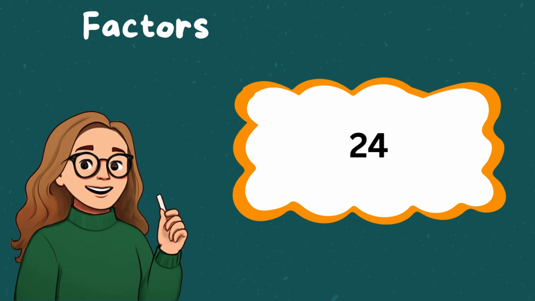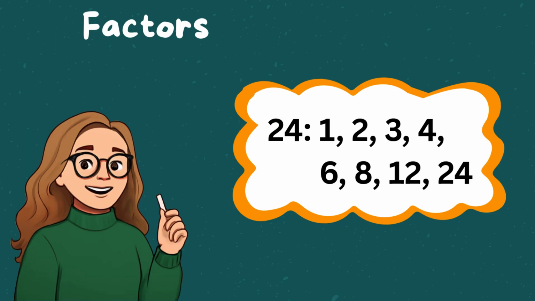Let's look at the number 24. If we are to list all of the factors of 24, what would we get? Well, 1 times 24 is 24, so we know 1 and 24 are going to be factors. 2 times 12 gives us 24, so 2 and 12 are going to be factors. 3 times 8 is 24 because 24 divided by 3 equals 8.